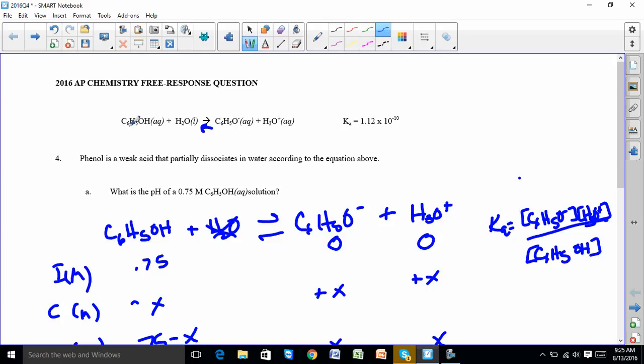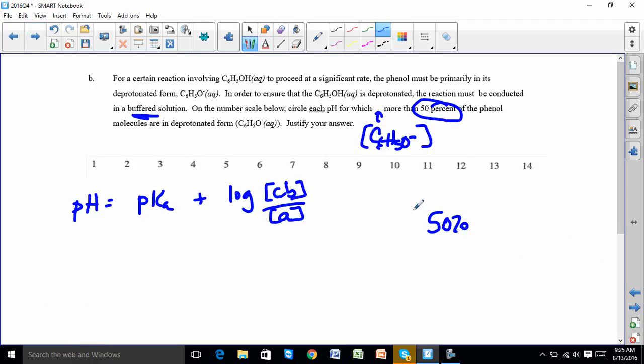That means you have half this, and why that's important is at 50%, this number and this number are the same, and so this is 1, and then the log of 1 is 0, because the log base 10 of 1 is 0.